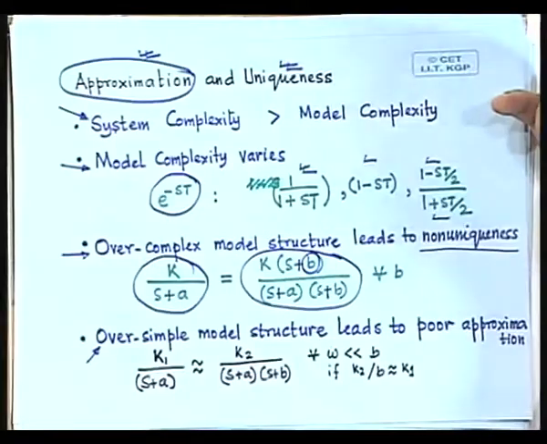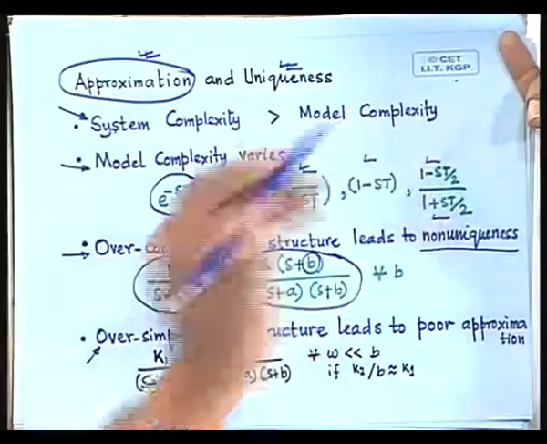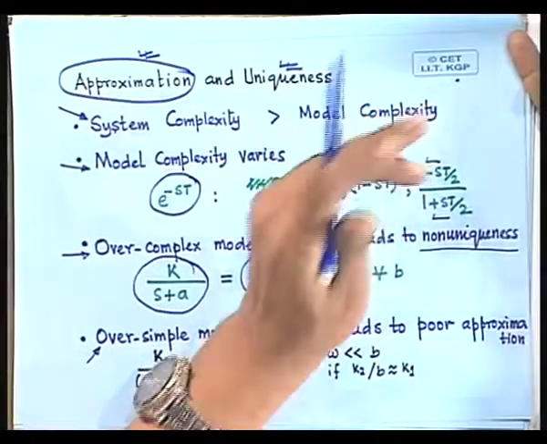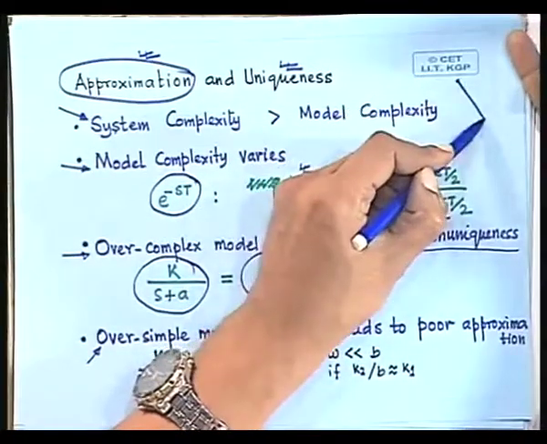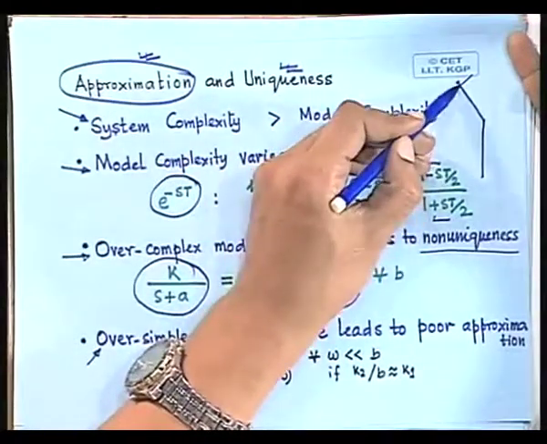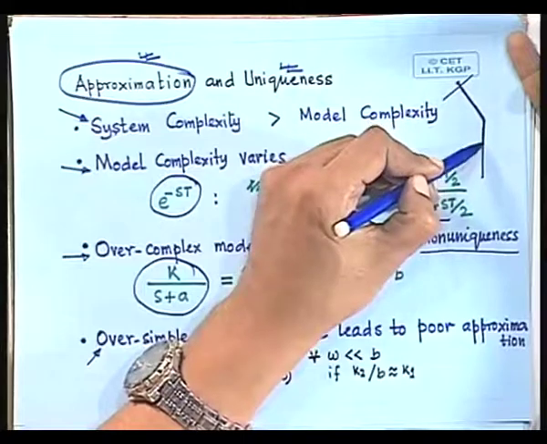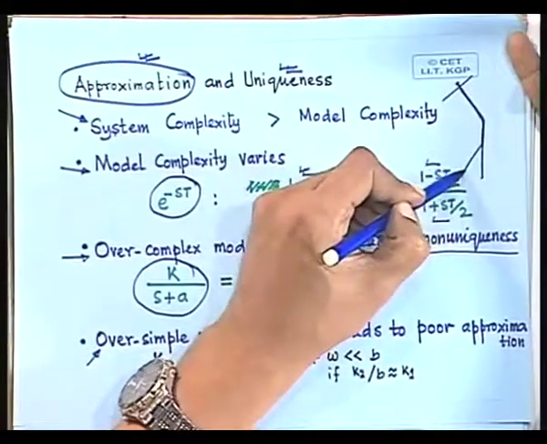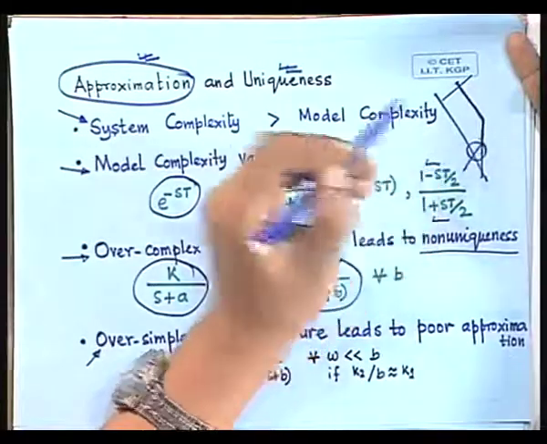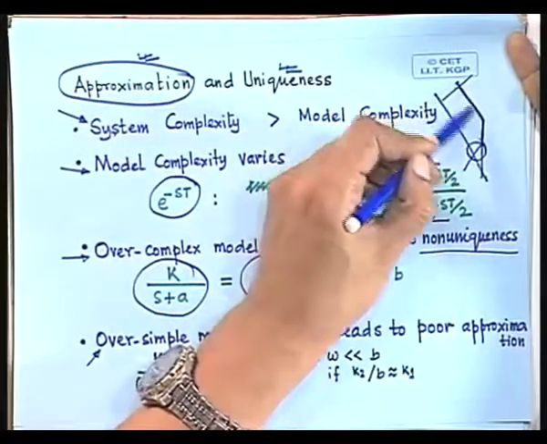It was not necessary. On the other hand, if you choose an oversimple model structure, then you will not be able to approximate. For example, if you model a system Bode plot by a first order Bode plot, you will be able to model up to this maybe, but if the system has another pole here, then you will never be able to model this if you always choose a first order model.